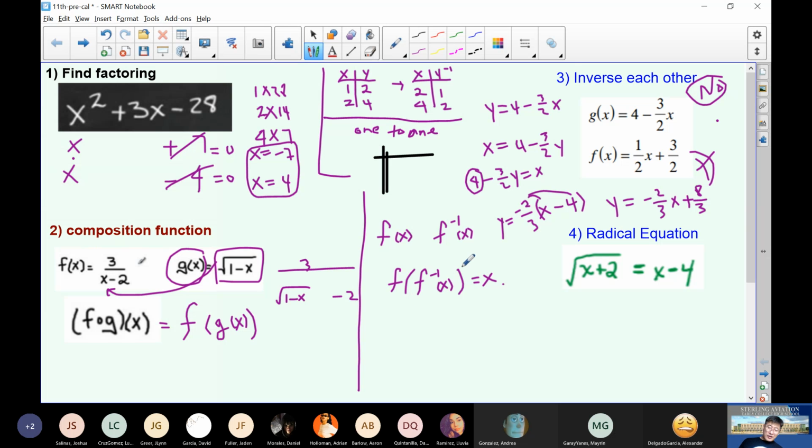You put the inverse function into the original function, and it always creates x. Okay. There is another thing. Probably you remember we learned this last year, right? We did this a lot, right? All right. Next one.